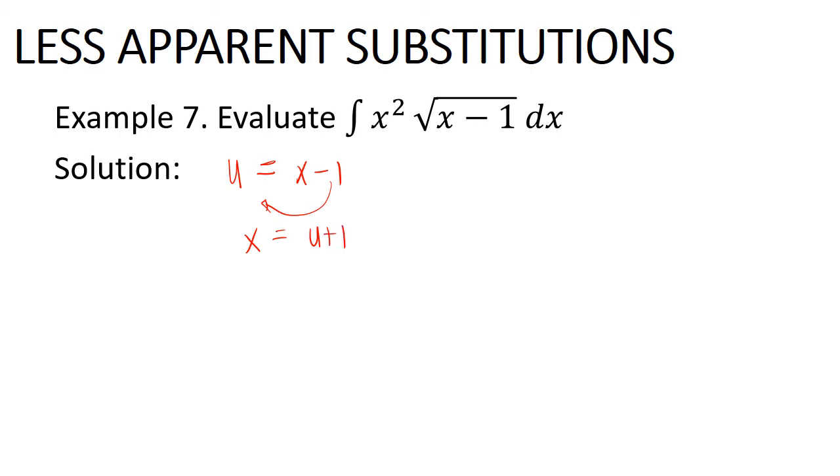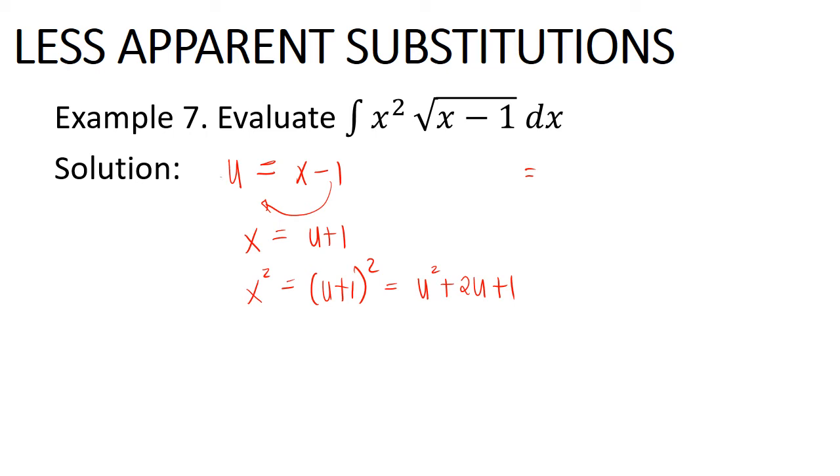And since sa original formula natin, we have x squared, let's solve for x squared. Square both sides and we get u plus 1 squared. And if you want to expand that, kasi squared lang naman yan, u squared plus 2u plus 1. So, pwede na tayo mag-substitute. Oops, wait, hindi pa tayo nag-derive.